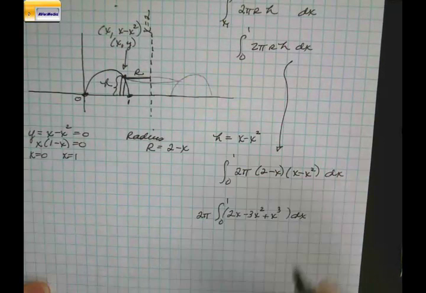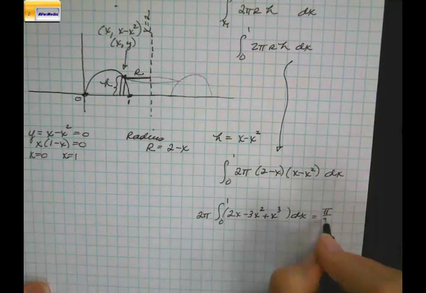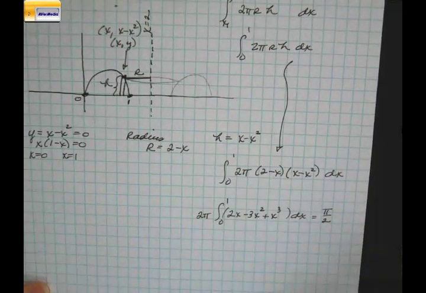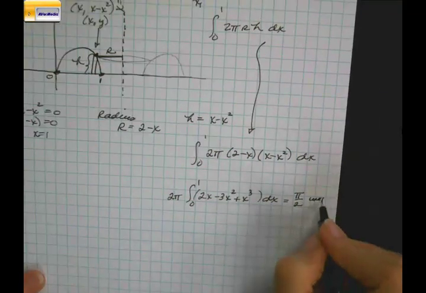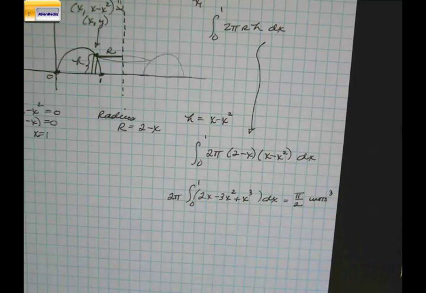It's not a difficult one to integrate, and this is going to end up equaling pi halves cubic units. That one will look like a donut when it spins. And it's not got a very good image in here.